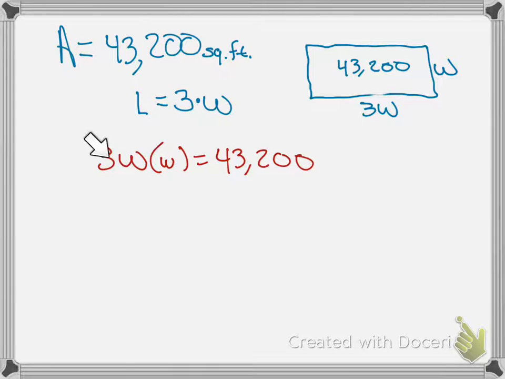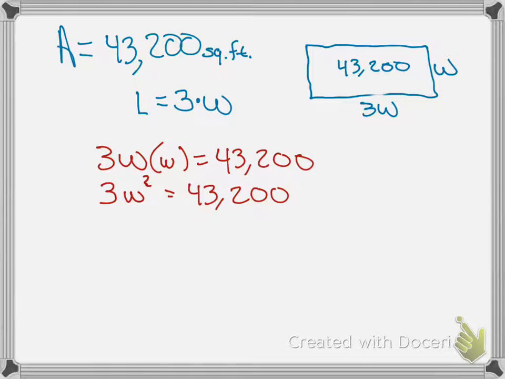And now I'm going to multiply this out. Nothing happens with the 3, but what's W times W? W times W is W squared. That's a 2 right there. So W times W is W squared equals 43,200.